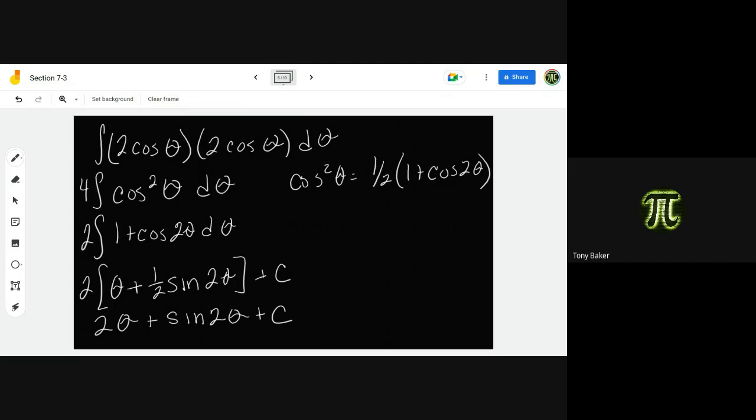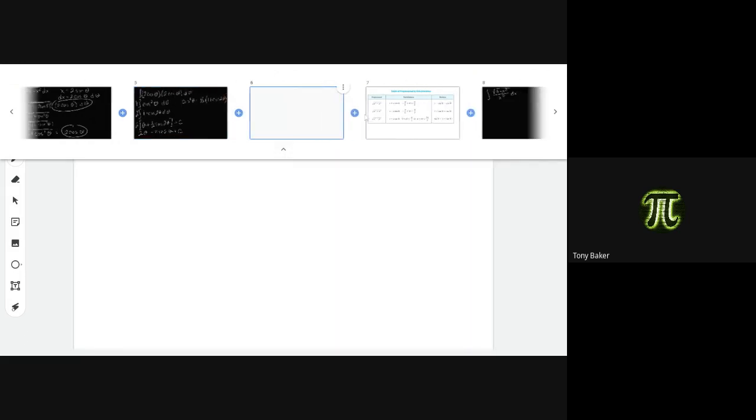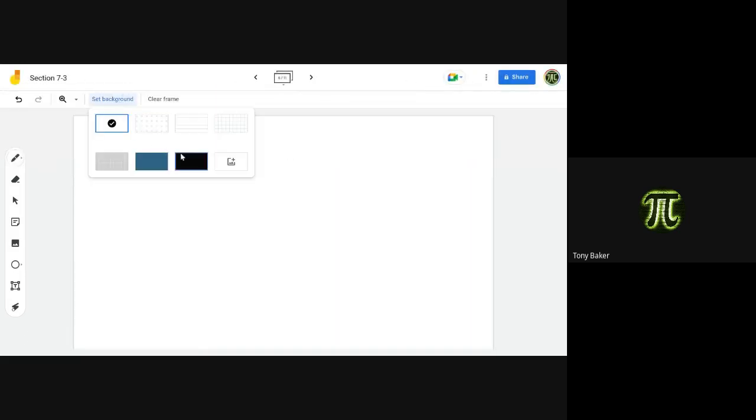Now I just multiply it by 2 to get rid of the parentheses. So that's like a 2 theta plus sine 2 theta. I'll switch back in a second. Don't worry.